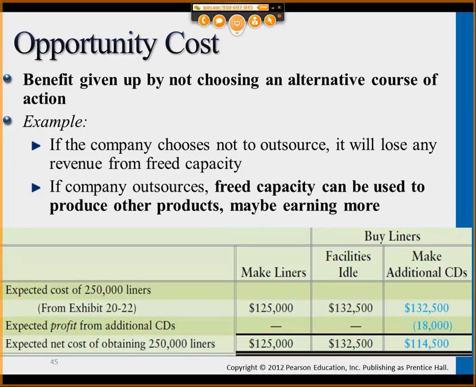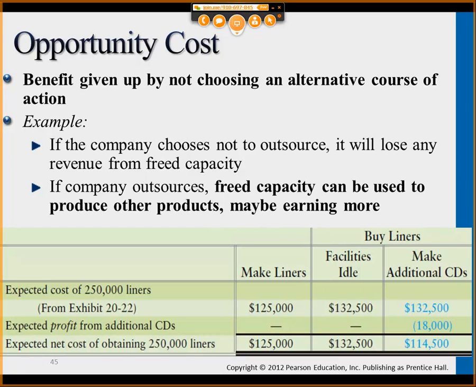If we decide to buy liners, we have two options: we're going to make additional CDs or DVDs, or not. Two decisions. If we do, we're going to expect some profit, but we're still going to have the same cost of 132,500.